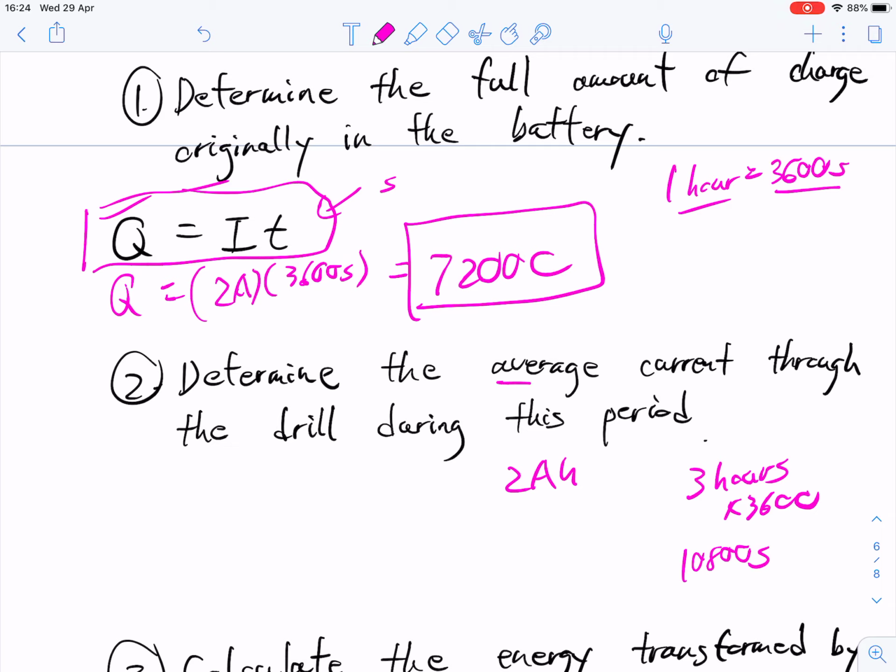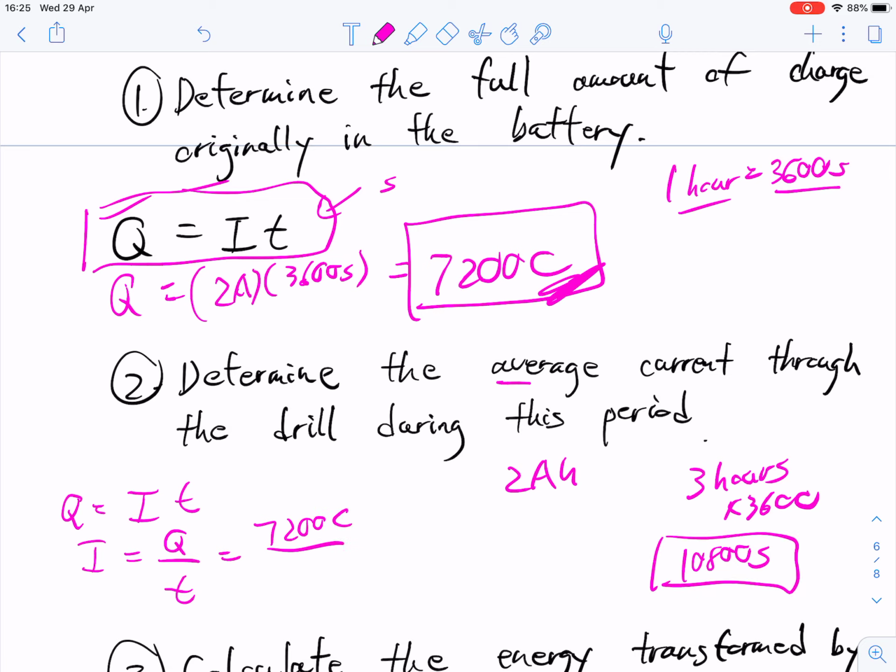So we have the current we're trying to determine. I'm going to write Q equals IT. And we're trying to determine current with the total amount of charge it has per unit of time. This up here is how much charge the full battery has: 7,200 coulombs of charge. This is being stretched over 3 hours, which we just converted into seconds, so 10,800 seconds.